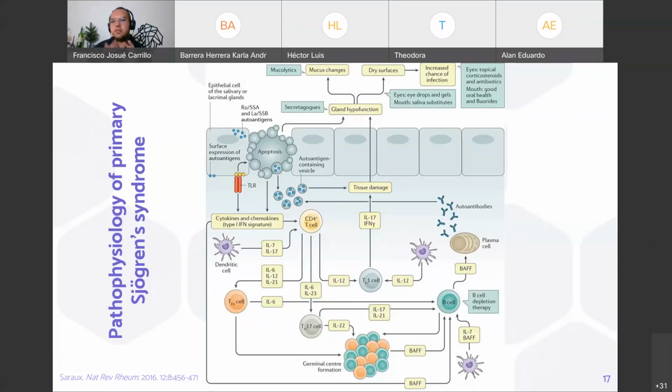So those cells and this immune network that we're talking about right now are also present in the pathophysiology of primary Sjogren syndrome. There are many factors that contribute to the destruction or apoptosis of the epithelial cells in the glands, and this may lead to the exposure of autoantigens.